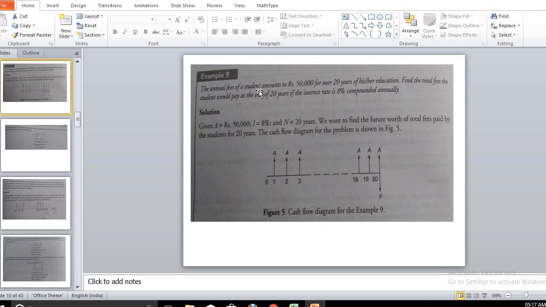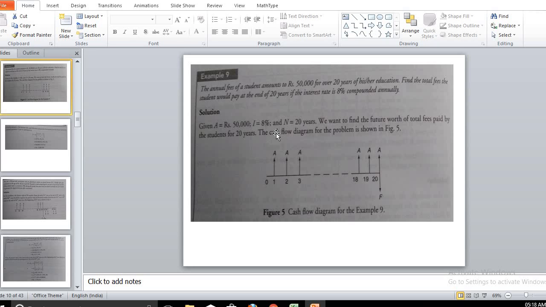Here the annual fees of a student are rupees 50,000 for 20 years of his education. Find the total fees the student would pay at the end of 20 years if the interest rate is 8% compounded annually.